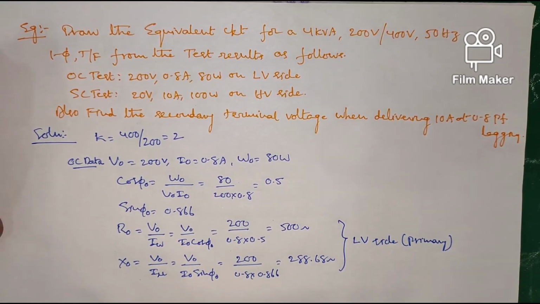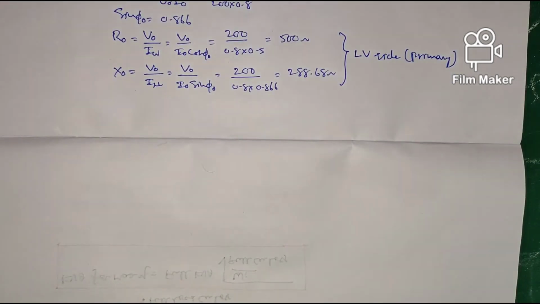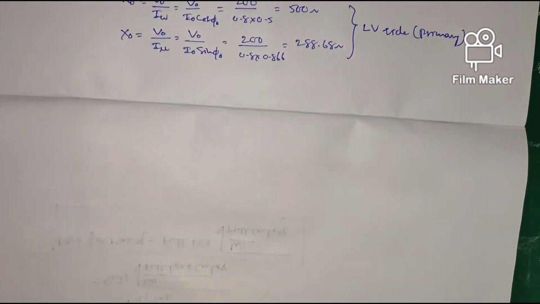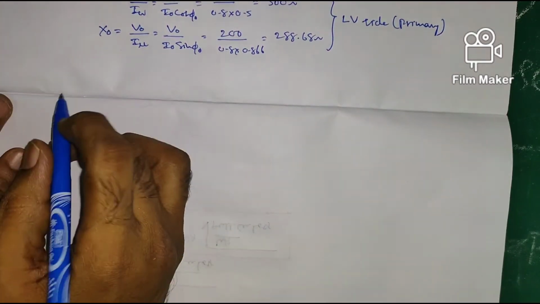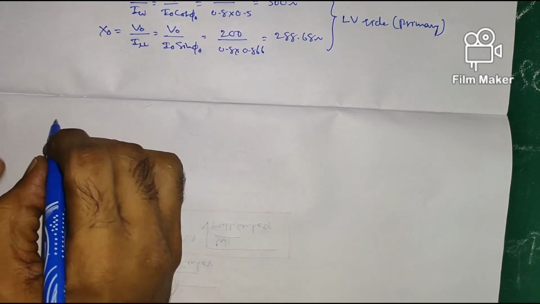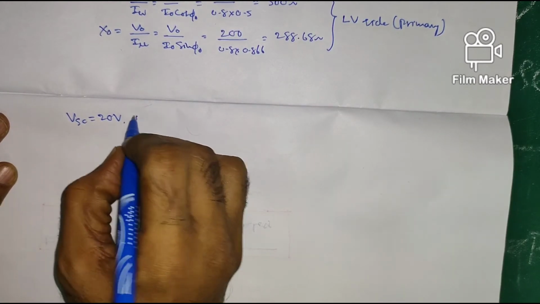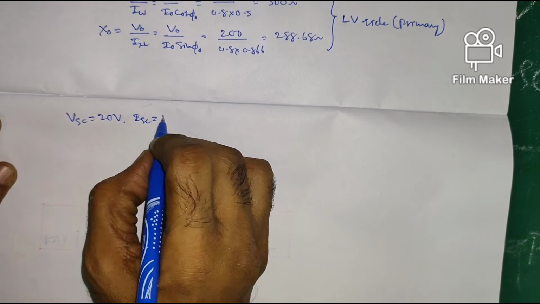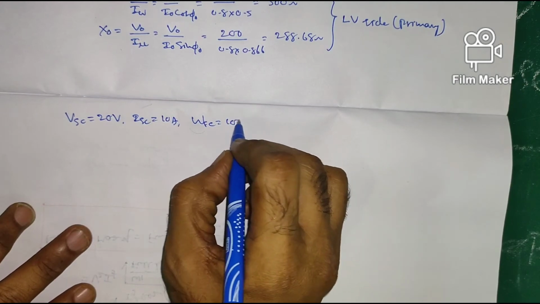Now let us go through the short circuit test here. The short circuit voltage VSC is given as 20 volts and ISC, the short circuit current, is 10 amperes, and WSC is given as 100 watts.